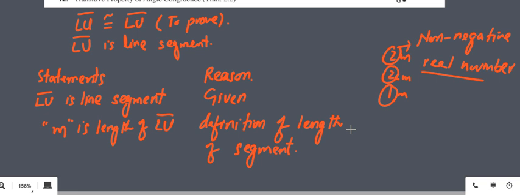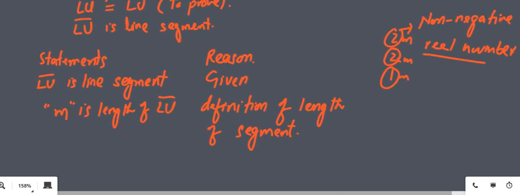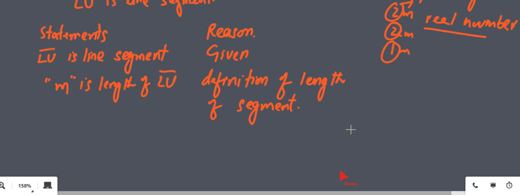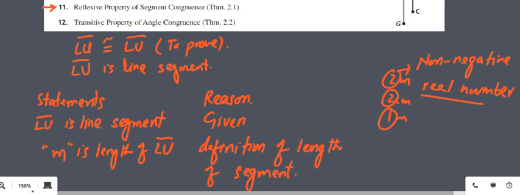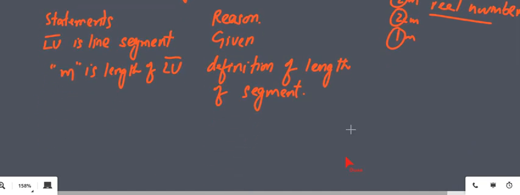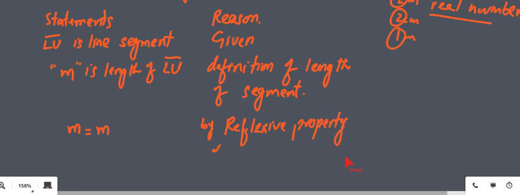And in real numbers, we know that the real numbers are reflexive. So I can write m equals m by the reflexive property of real numbers.